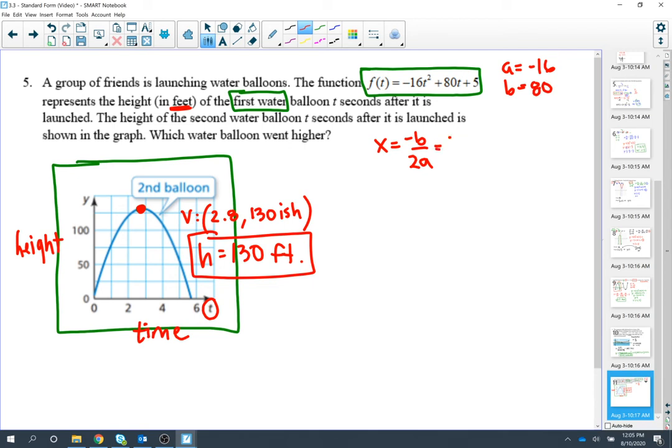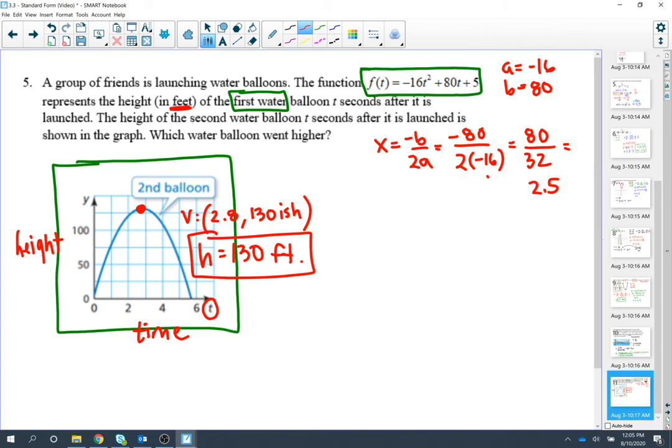So opposite of b, negative 80 over 2 times negative 16. So that's going to be 80 over 32, and I got rid of the negatives because a negative over a negative is a positive. 80 divided by 32 is 5/2, which is 2.5.